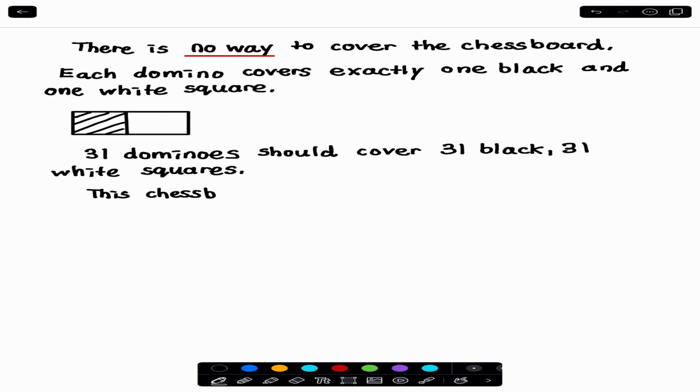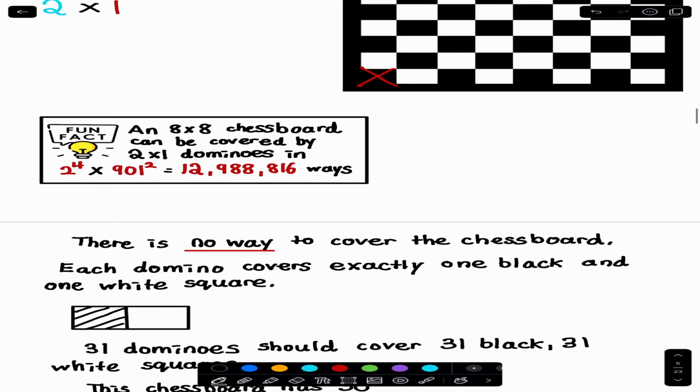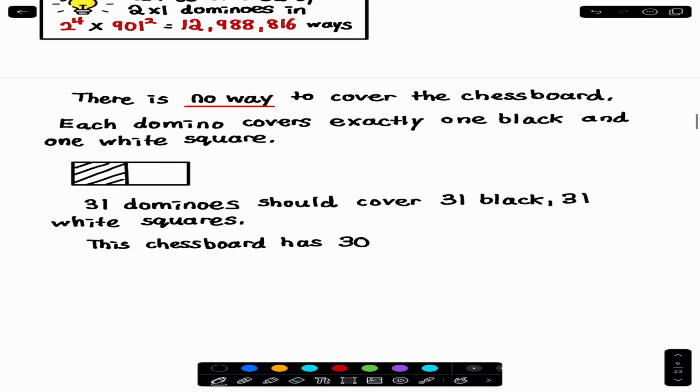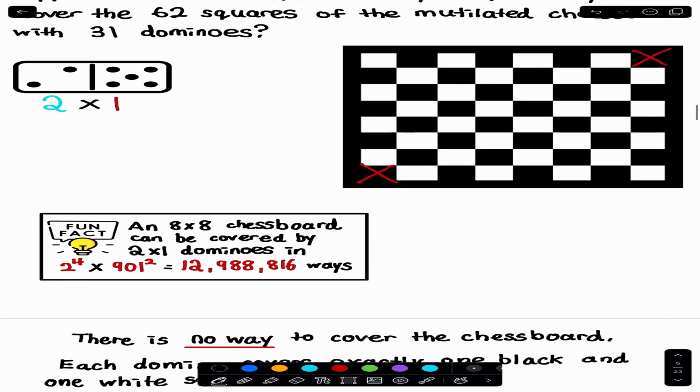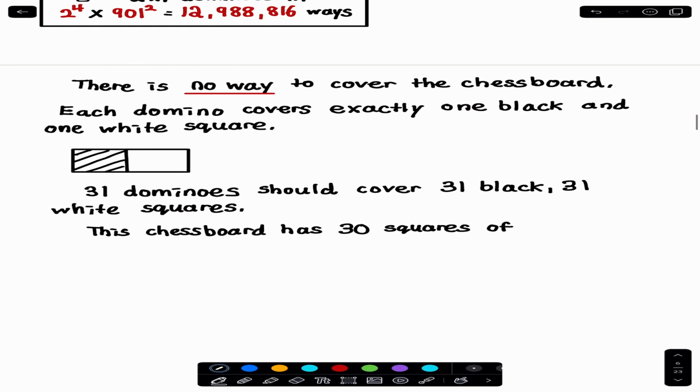So let's spell that out formally in a solution. This chessboard has 30, and I'm going to be a bit more general here, so that way it covers both cases, whether we chopped off these two corners that I chose or these two corners.